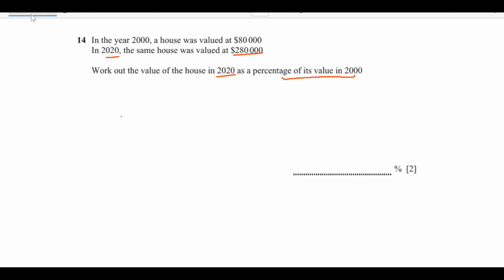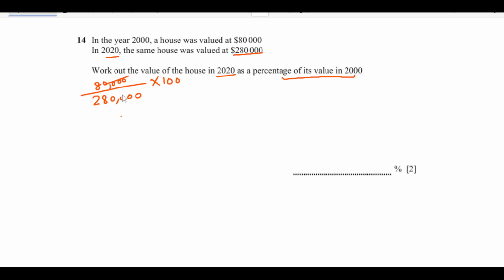So this is going to be 280,000 over 80,000 times 100, right?